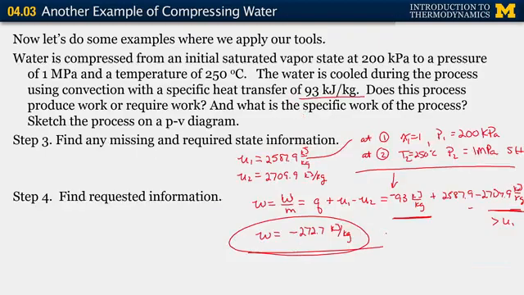And so we've learned that this was a saturated vapor at the initial state. So to compress a saturated vapor of water to 100 megapascals requires that we put work into the system, even if we cool the vapor during that compression process.